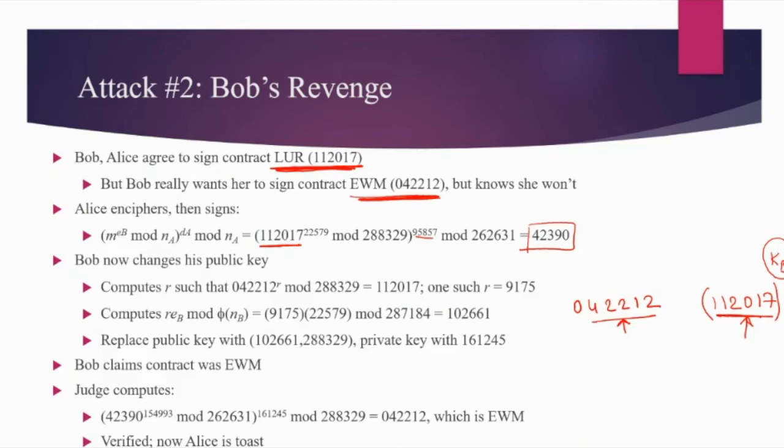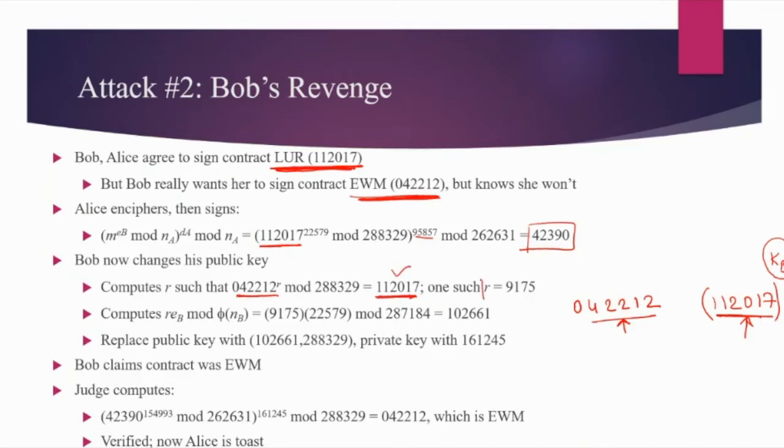Yes. So this is the message which Bob wants her to sign. He computes what value of R, if this message is raised to R mod this number, can give him this number, the message which Alice actually signed.